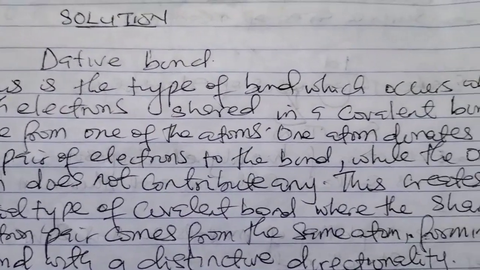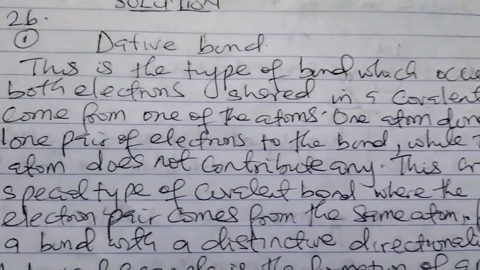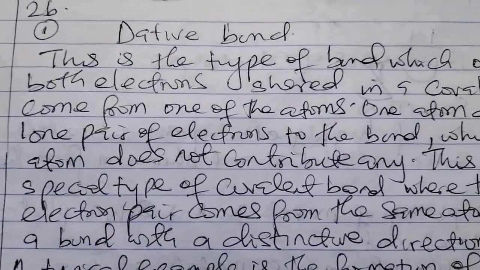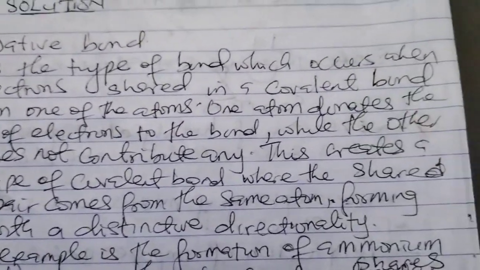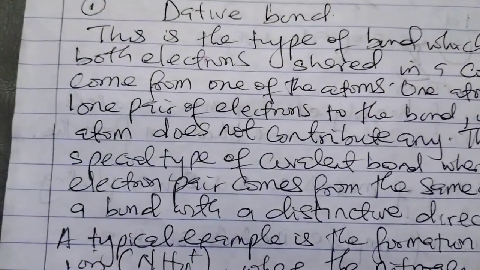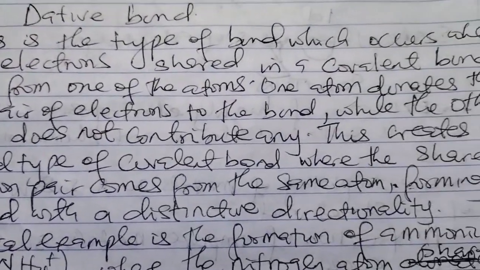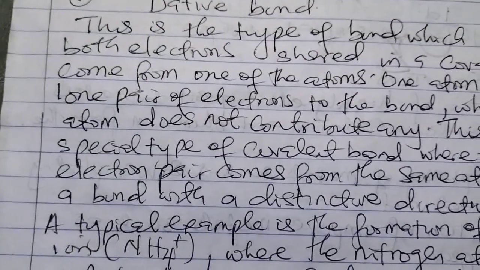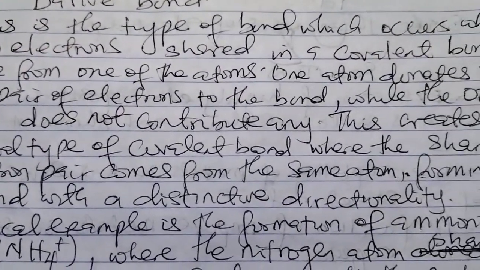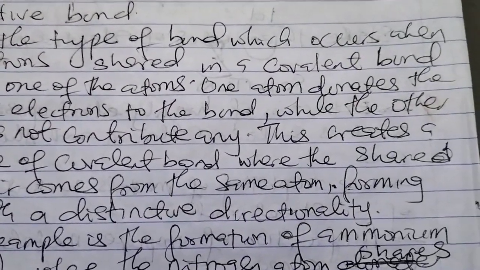Full stop. This creates a special type of covalent bond where the shared electron pair comes from the same atom, comma, forming a bond with a distinctive directionality.